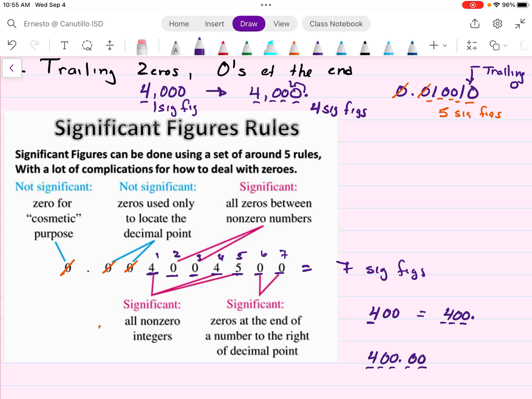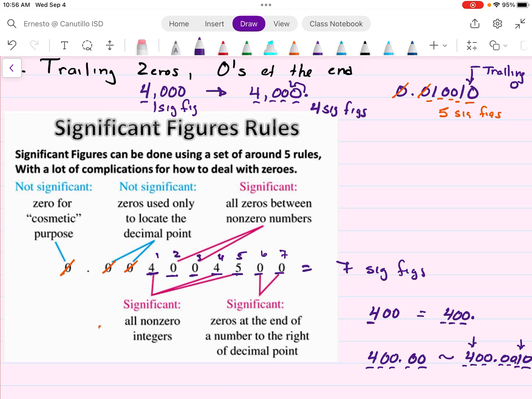And if I add numbers beyond that, then these zeros are not leading zeros because they're between non-zero digits here and here. So all these zeros are significant. And because the trailing zero is to the right side of the decimal, that one is also significant.